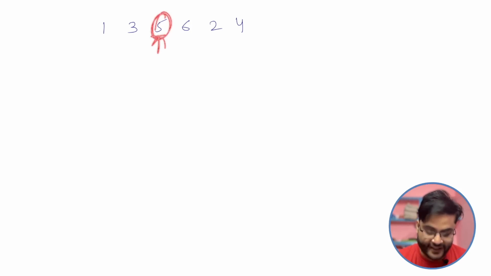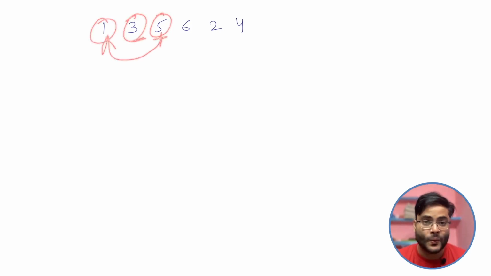So check 5. Compare 5 with the previous elements. If 5 is greater than 3, that means 5 is in the correct position. We are comparing 5 with 3, so 5 is in the correct position. Now we don't need to compare it with 1. Why?